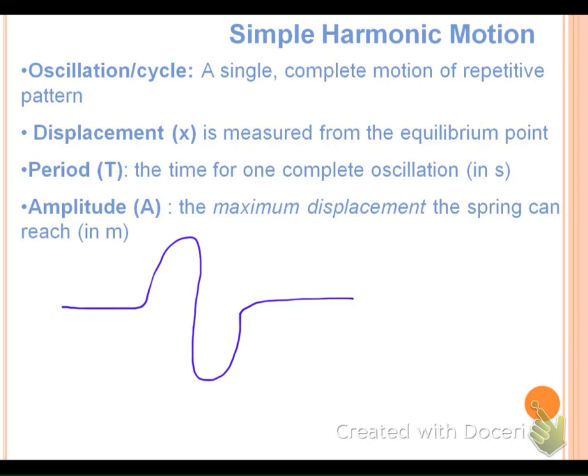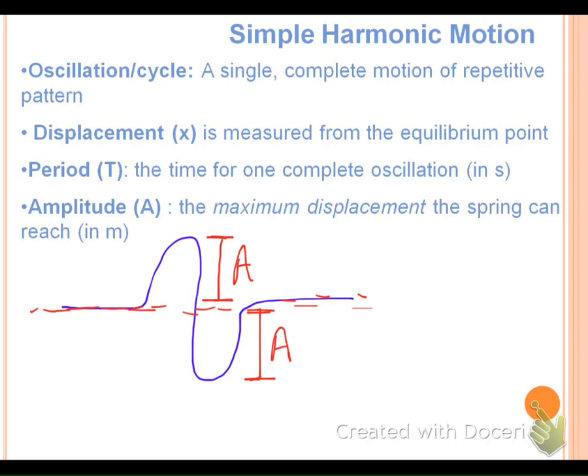As you look at this wave, here's our equilibrium point right in the middle. Here's where our wave is at equilibrium, that red point. The amplitude is going to be the maximum that the wave goes either up or down. So this distance from the equilibrium point to the top is considered our amplitude, and the distance from the equilibrium to the bottom would also be considered our amplitude.